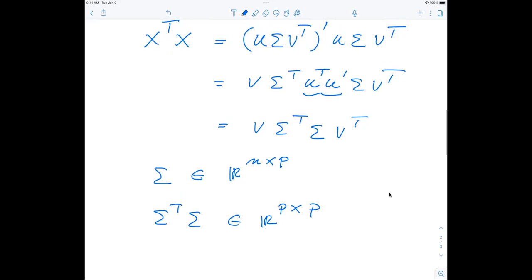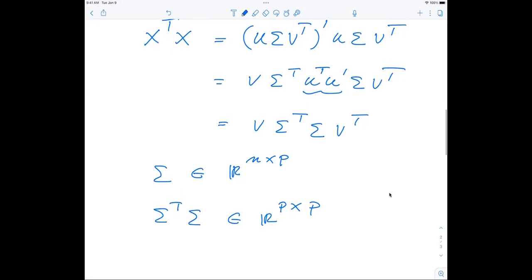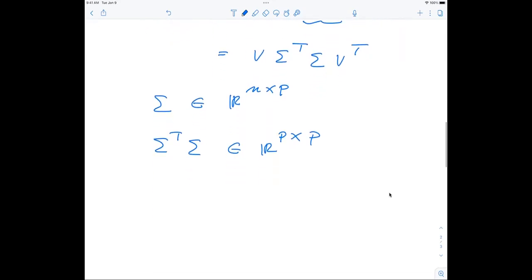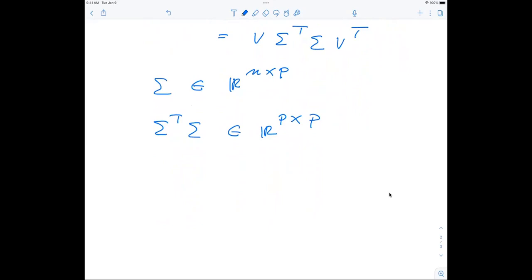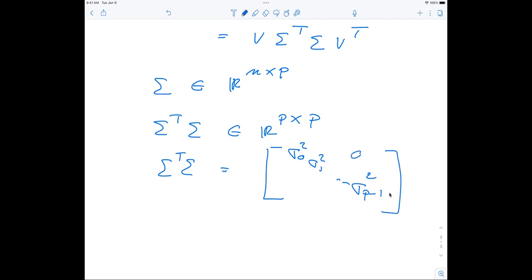Now, before we move on, there's something interesting to look at. I should also say that this Sigma transpose times Sigma, when we do the mathematics, is just going to be Sigma 1 squared, down to Sigma P minus 1 squared, and all the other ones are 0.